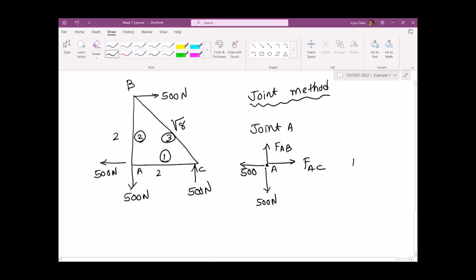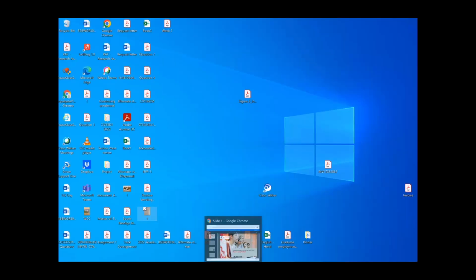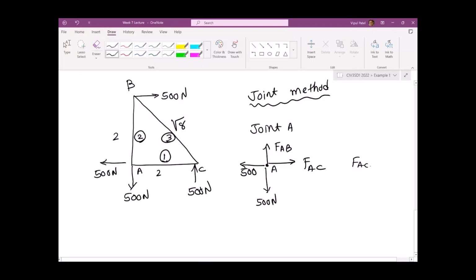So FAC equal to 500 newtons tension. FAB is equal to 500 newtons tension. So N1, let's put the N1 there, is 500 newtons tension. N2 is 500 newtons tension.